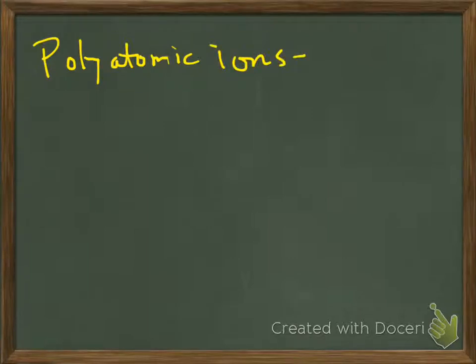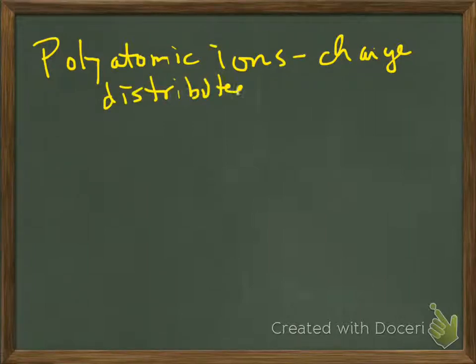Polyatomic ions. These are some you just have to memorize. The charge is distributed across the entire ion. That's why we use the brackets when you're drawing the Lewis symbols.